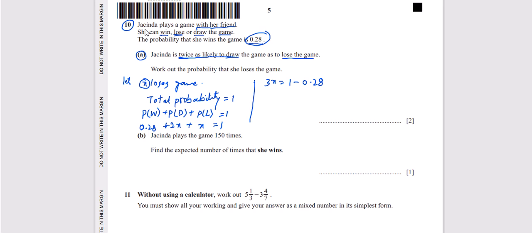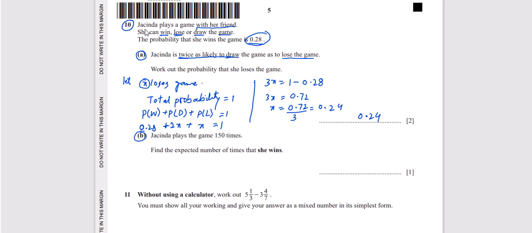So 3x is equal to 1 minus 0.28, which is 0.72. So x is equal to 0.72 divided by 3. So x is equal to 0.24. So the final answer is 0.24.